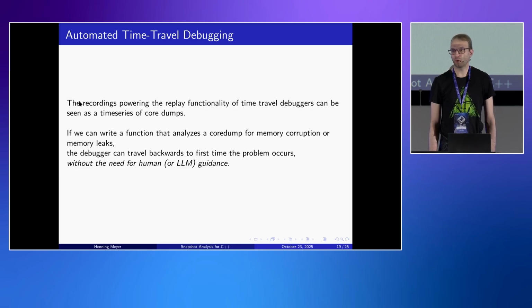Do they point to valid memory? Then you can use a bisection on the timeline in your time travel recording to find the first point in time where the problem happens.